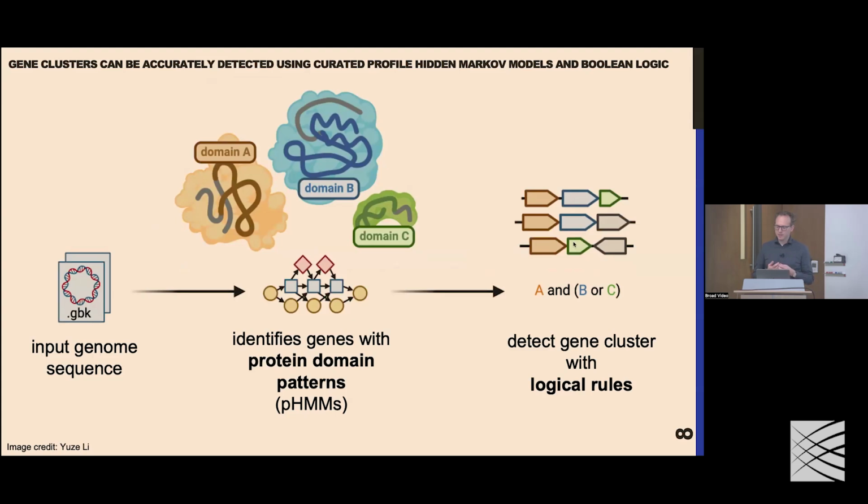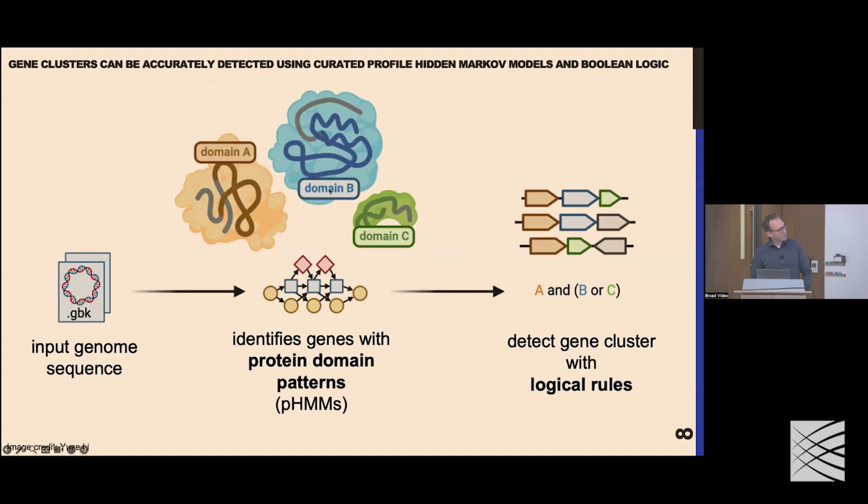It's basically by finding specific combinations of protein domains that are co-located adjacently in the same chromosomal region, on the same chromosomal locus within a defined distance. And that specific combination of domains is indicative of the presence of a certain type of biosynthetic gene cluster, because these domains represent the key enzymatic domains that catalyze the key reactions for such a type of pathway.